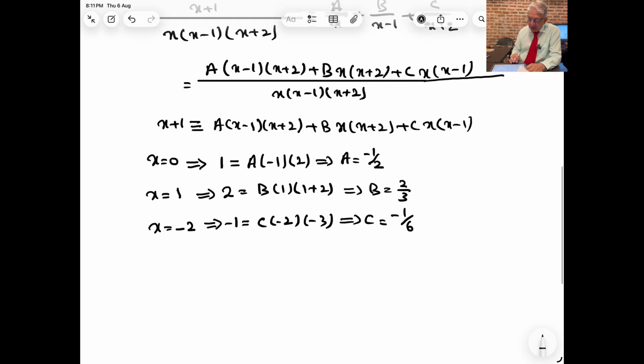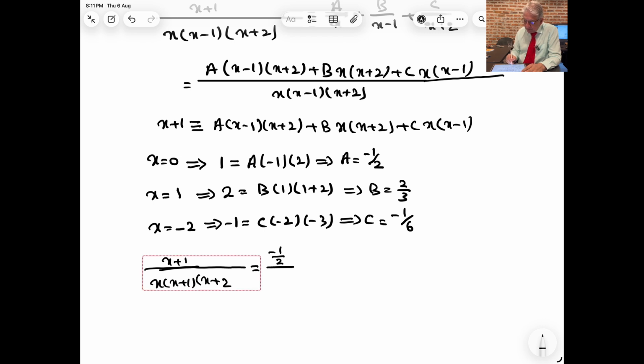Therefore, your expression (x plus 1) divided by x times (x minus 1) times (x plus 2) is equal to negative 1 over 2 times x, plus 2 over 3 times (x minus 1), plus negative 1 over 6 times (x plus 2).